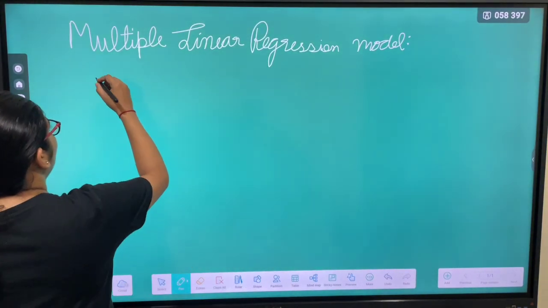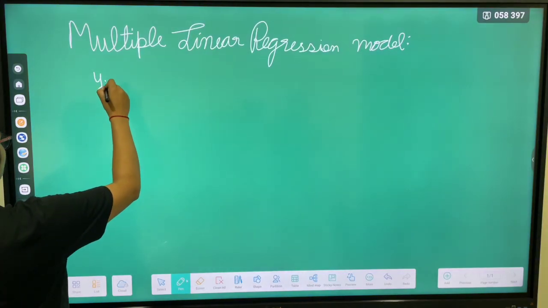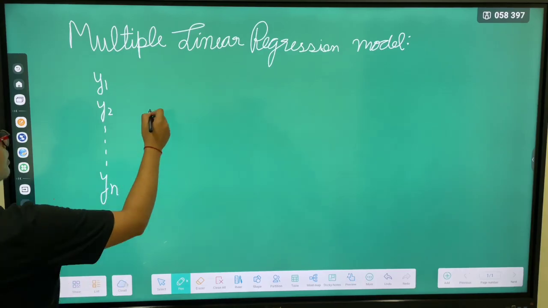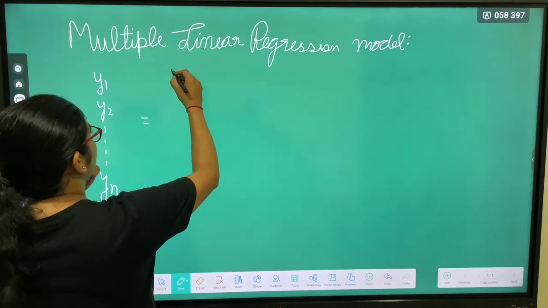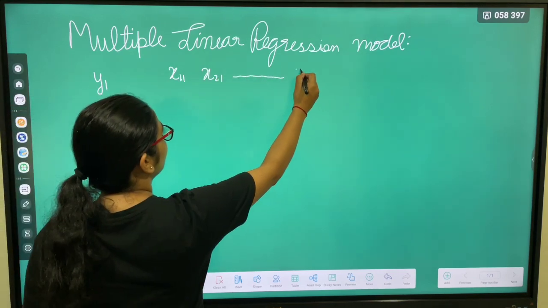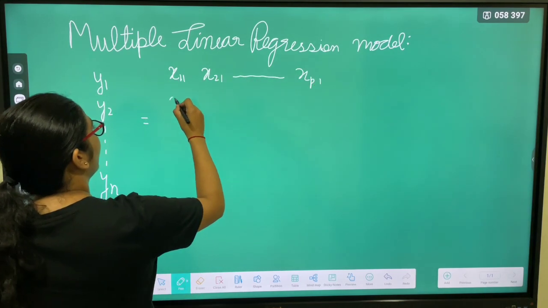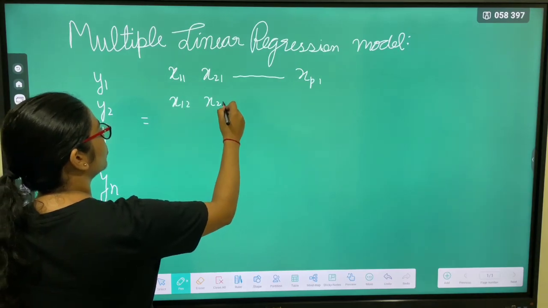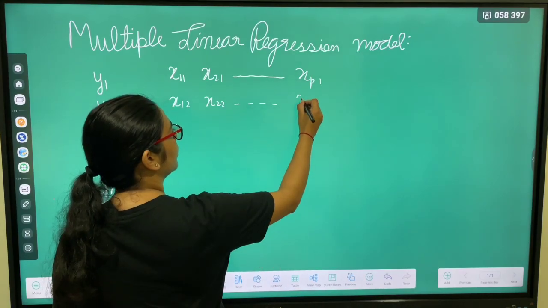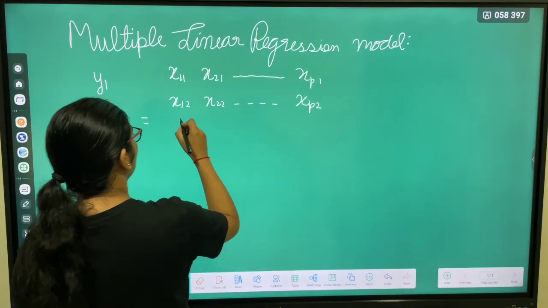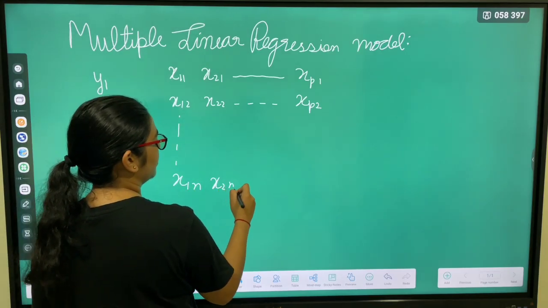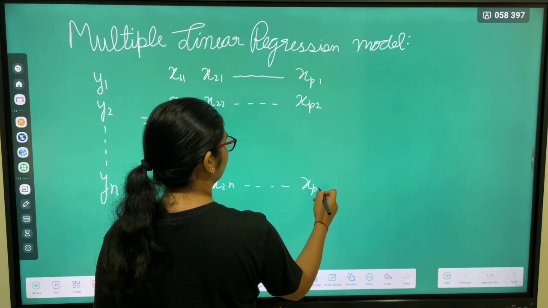Suppose that we have n values of y1, y2, up till yn, and n values of x11, x21, up till xp1, x12, x22, up till xp2, and so on up till x1n, x2n, up till xpn.